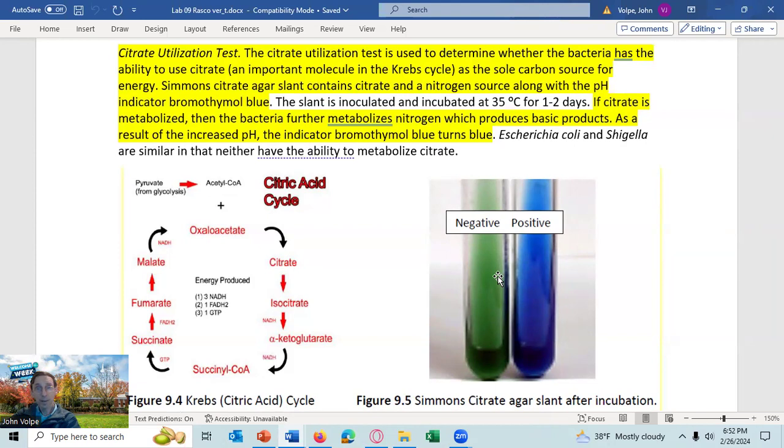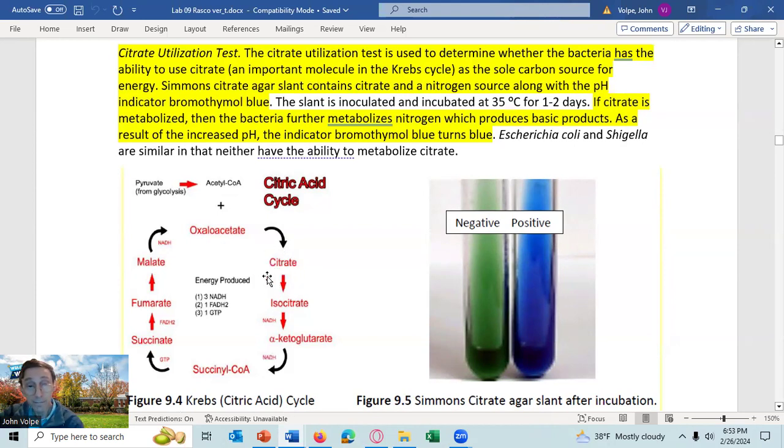All right. So there we're looking at citrate. It's in the Krebs cycle. Obviously, a bacteria that can perform aerobic respiration can metabolize citrate. But not all aerobes can metabolize citrate.